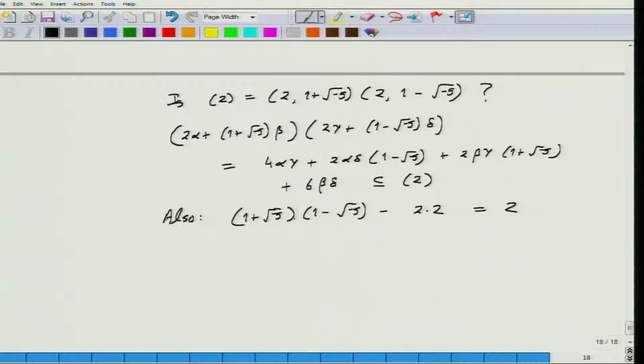So this sum of products is an element of this product ideal, because this is an element of the first ideal, this is an element of the second ideal, this is an element of the first ideal, this is an element of the second ideal. And in the product ideal, the elements are finite sums of pairwise products. And this is 6, this is 4, the difference is 2. So therefore, the answer to this question is yes.